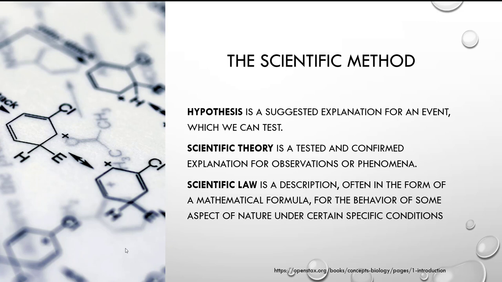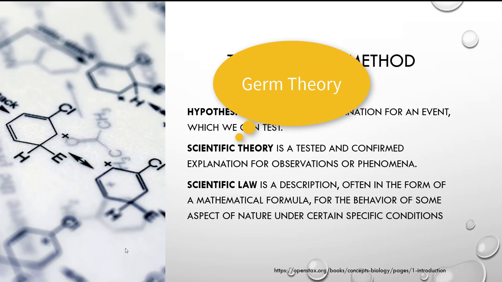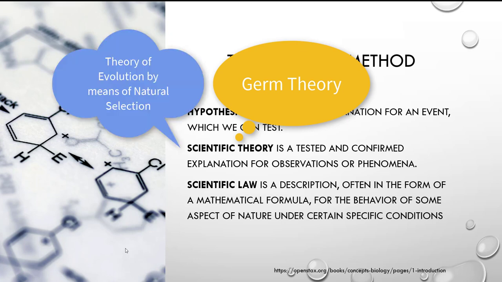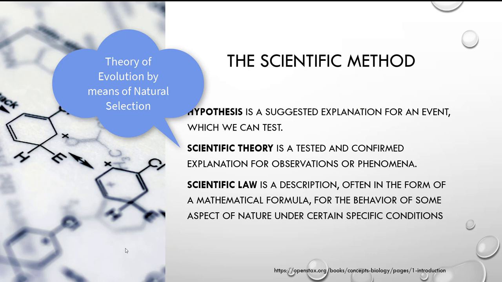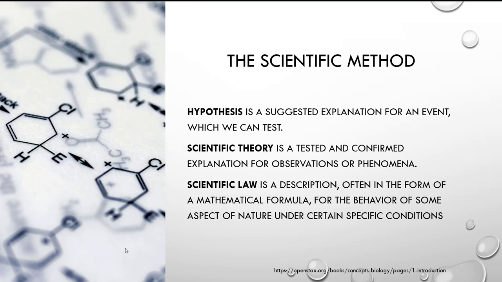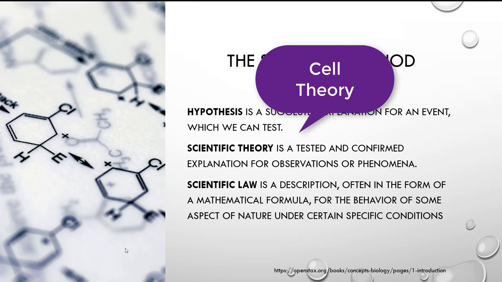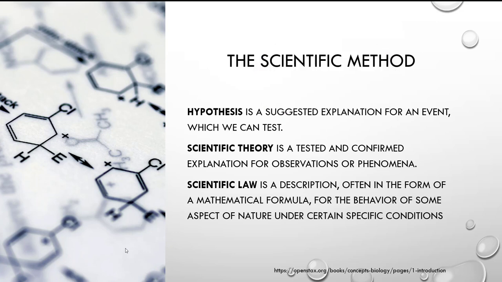A theory is broad in scope. A scientific theory would be like the theory of gravity, or germ theory, or the theory of natural selection, or theory of evolution by means of natural selection. Or we'll talk about cell theory in the third video of this topic.